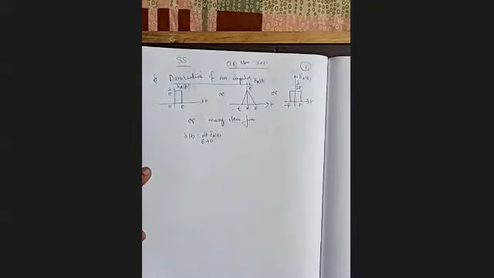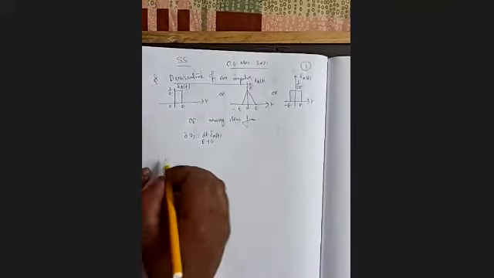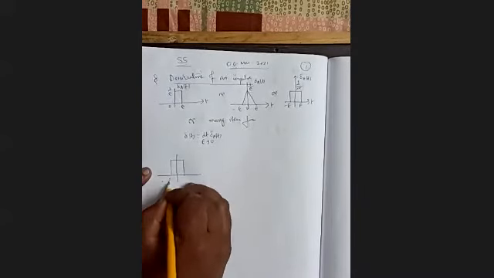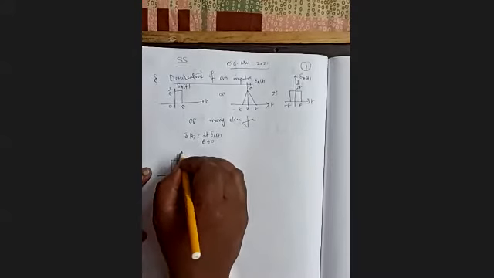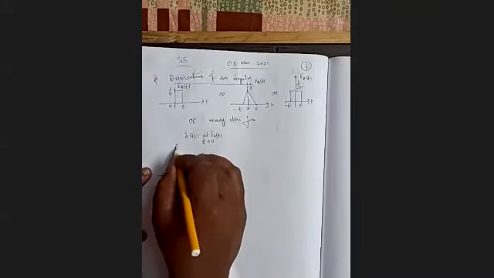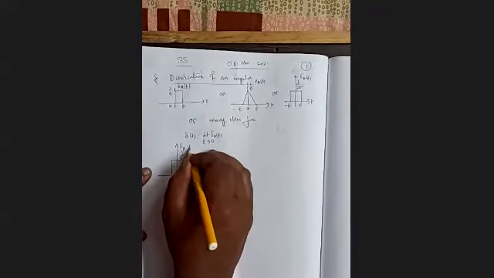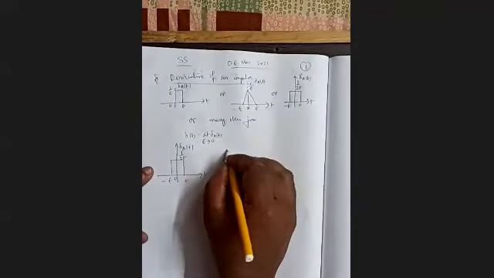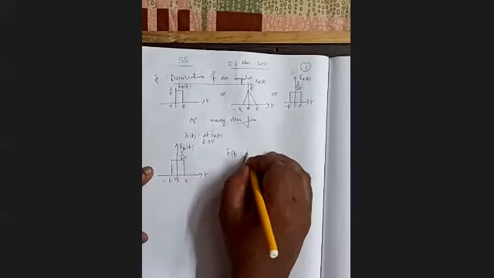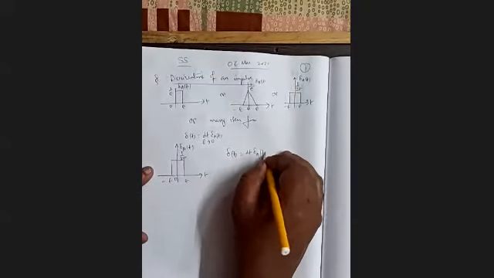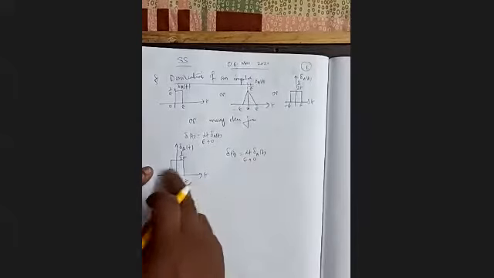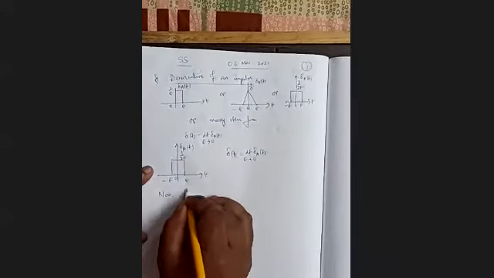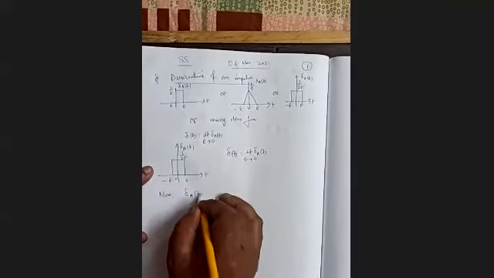So we take any one approximate version. Say we start with the last one. That is our delta AT versus t. Here obviously our delta t is, epsilon tends to 0. The area is 1.